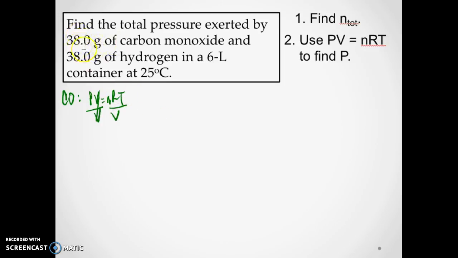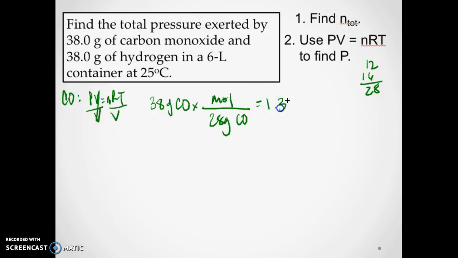We cannot find n without converting 38 grams of carbon monoxide into moles, and that's going to give us 1.36 moles of CO.